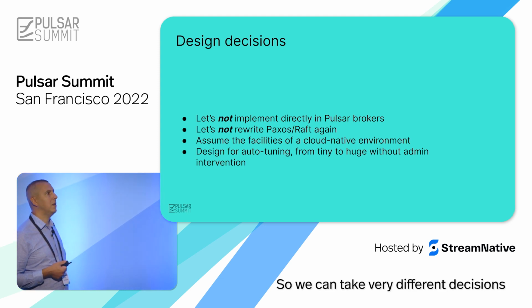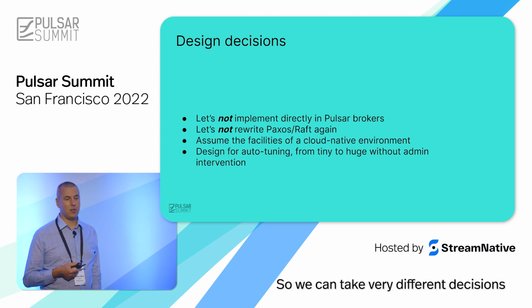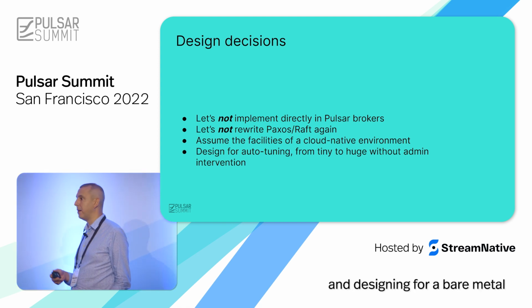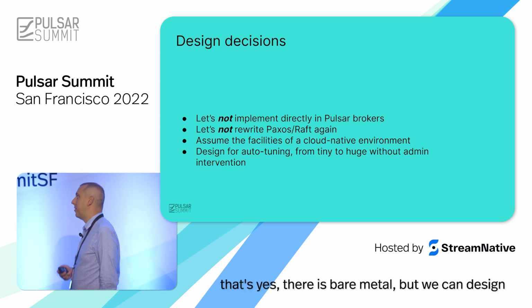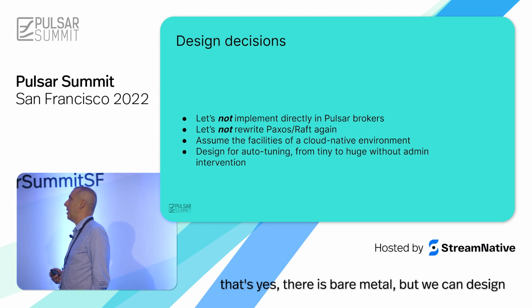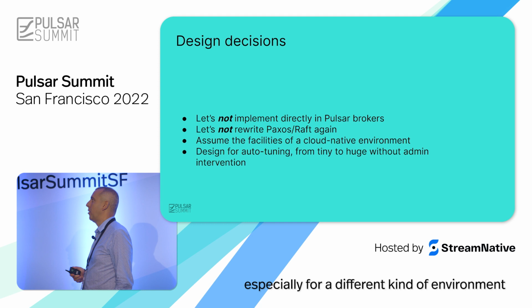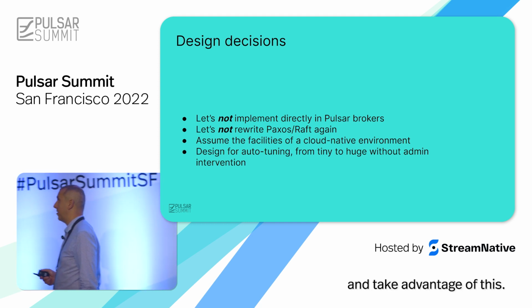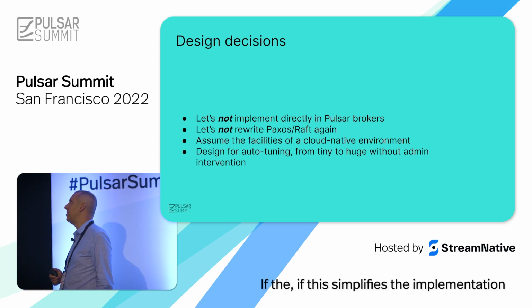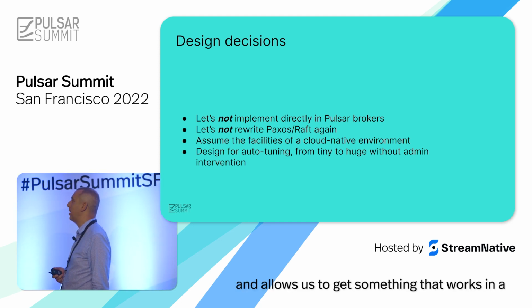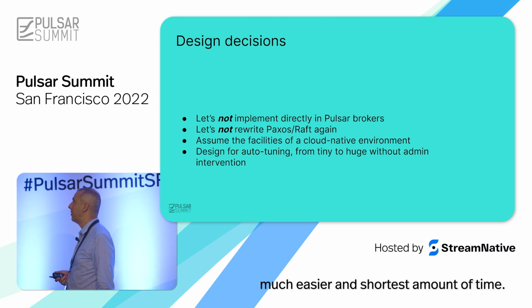So we can take very different decisions at this point instead of going back and designing for bare metal. Yes, there is bare metal, but we can design especially for a different kind of environment and take advantage of this, if this simplifies the implementation and allows us to get something that works in a much easier and shorter amount of time.